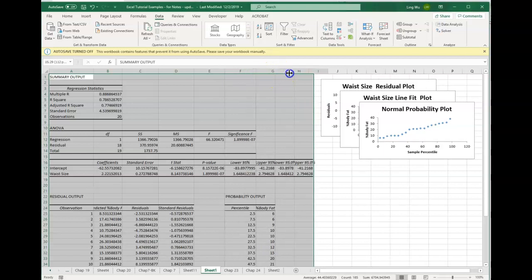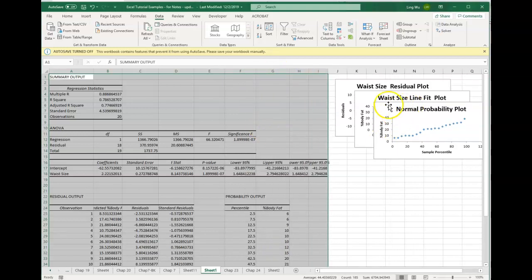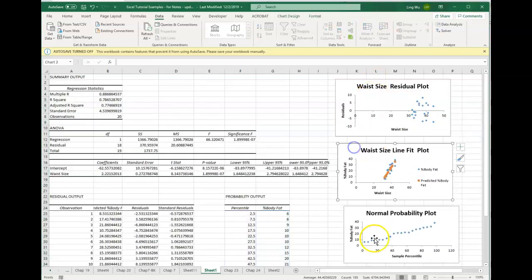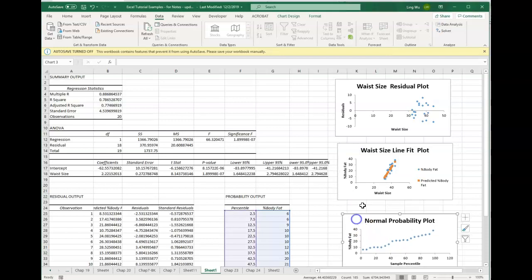And also it will provide us 3 figures. The 3 figures are basically, this one is called the waist size residual plot. You can see the x-axis is still our X value of waist size, and the y-axis provides the residual plots.